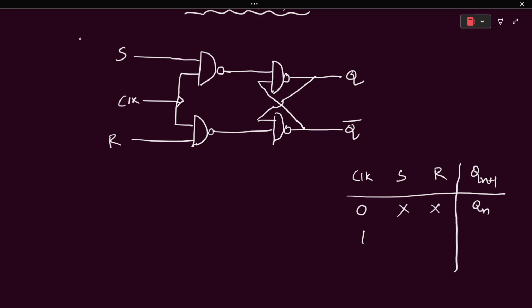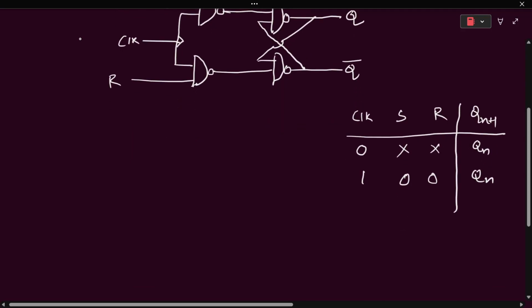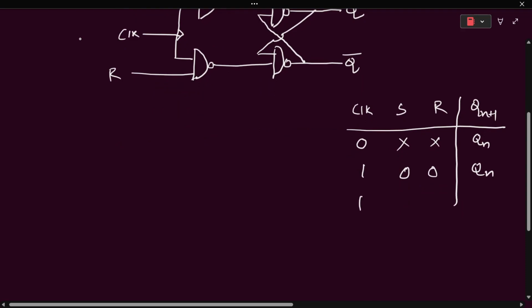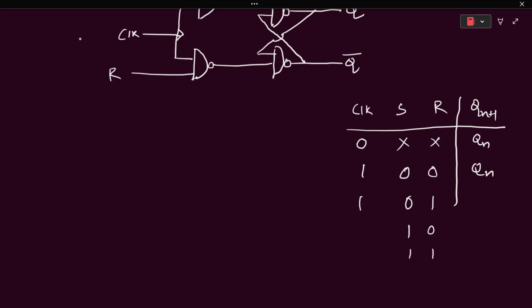After that, we make the clock high and then 0 0. This is also a memory condition. This is a different condition: 0 1, 1 0, 1 1. And in both cases we keep the clock high. So 0 1 means 0, 1 0 means 1, and 1 1 is the not used or invalid condition that we won't be able to overcome with the SR flip-flop.